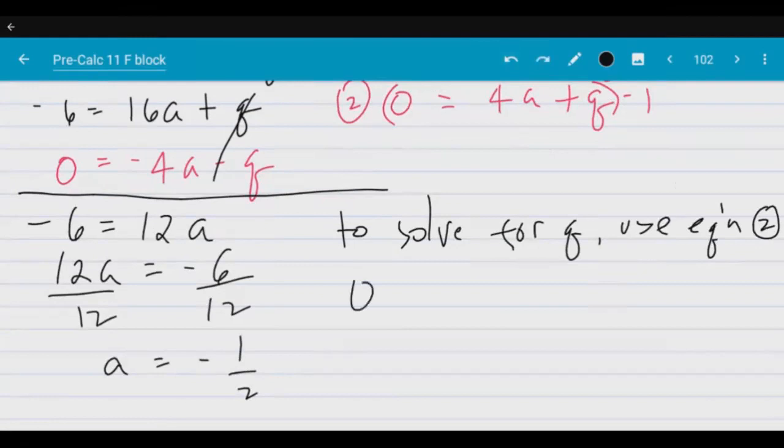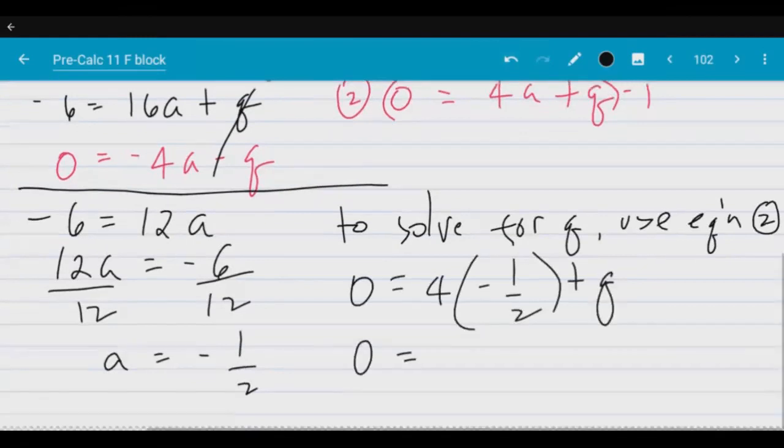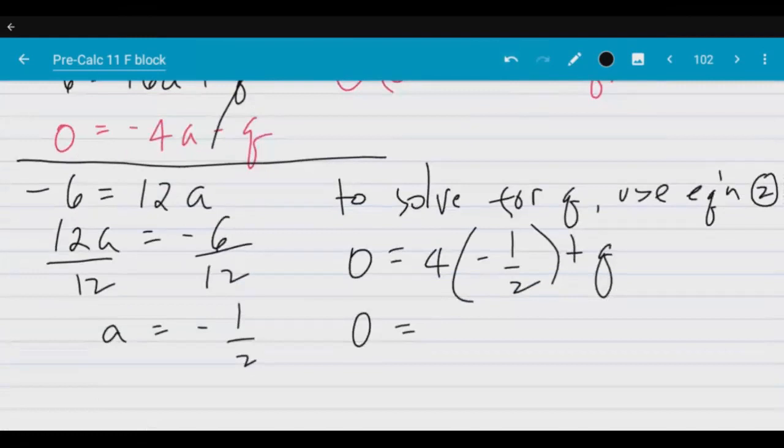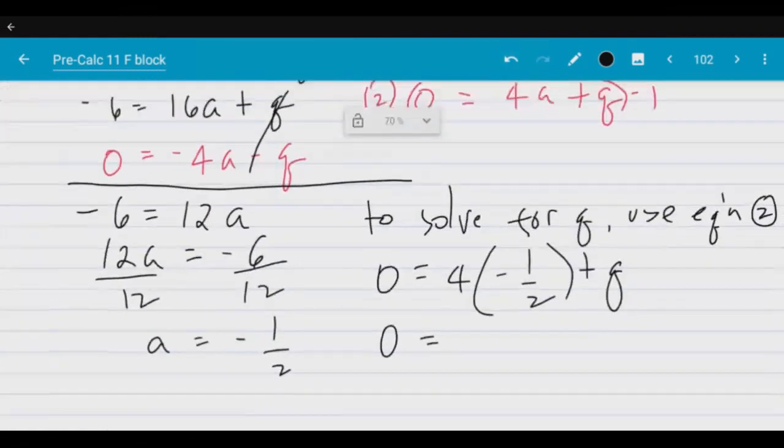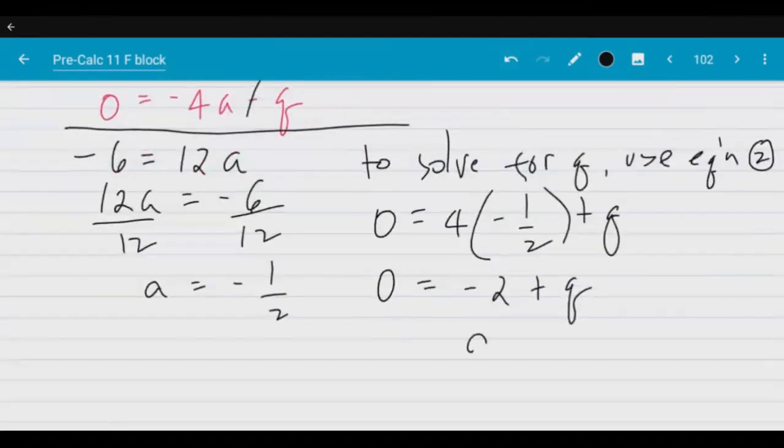So 0 is equal to 4 times a, which is -1/2, plus q. 0 equals -2 plus q, or q is equal to positive 2.